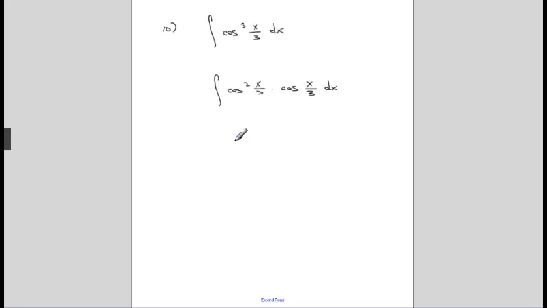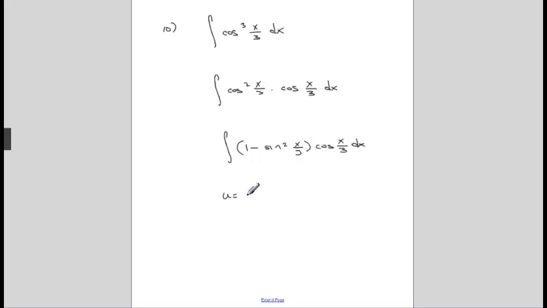So the Pythagorean identity says we can replace cosine squared with 1 minus sine squared. So we'll have 1 minus the sine squared of x over 3, and that whole thing times the cosine of x over 3 dx.